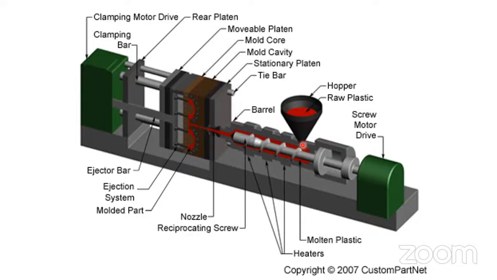This you have to do first, before starting the machine. And then you start the barrel heating. Set the temperature on the panel: feed zone, compression zone, metering zone, and nozzle zone.